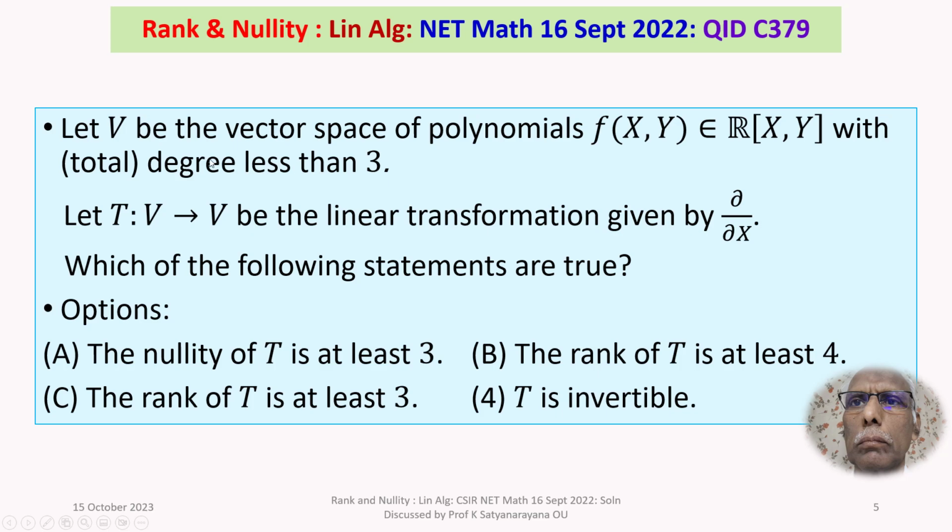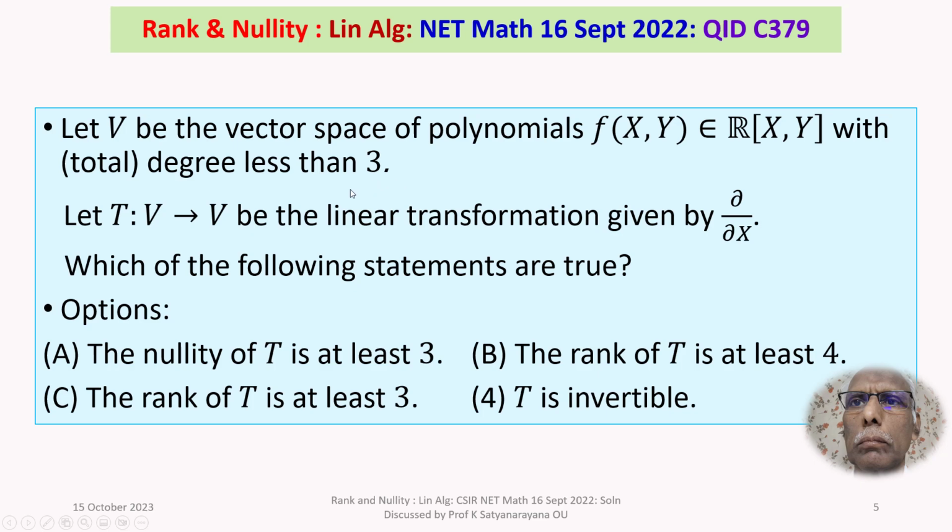We are given the vector space of all polynomials in two variables x and y over the real field with the total degree less than 3.